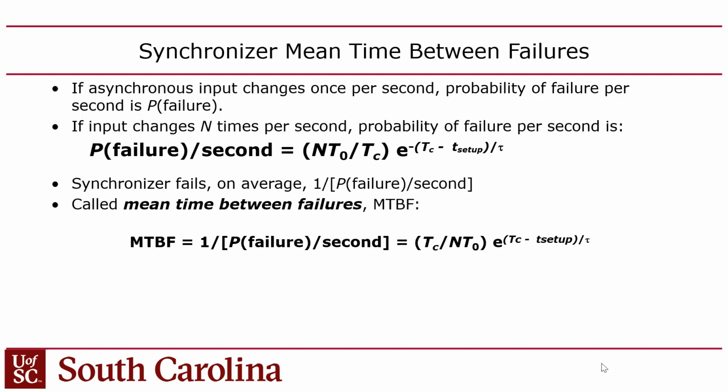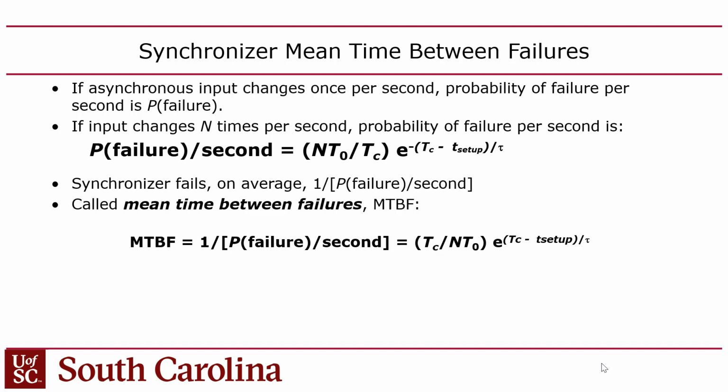The probability of failure every second is going to depend on the number of times the input changes. Now remember, metastability won't happen if you have a button connected to a flip-flop and no one pushes the button, you're fine, right? Because the only time you risk metastability is if the input is changing during the aperture period.